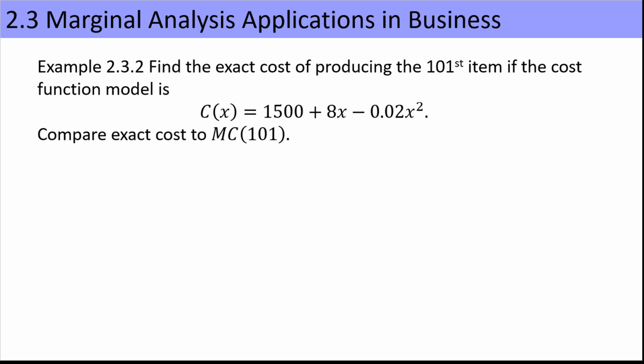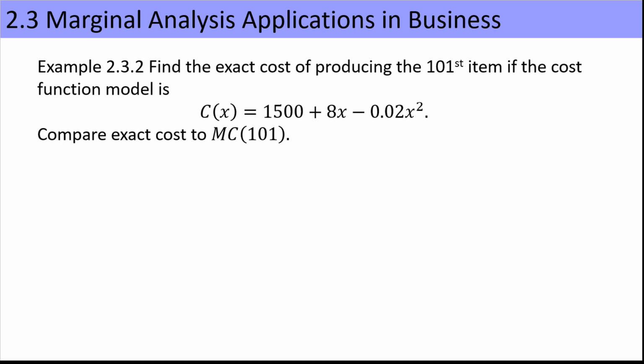Example 2.3.2. Find the exact cost of producing the 101st item if the cost function model is C of x equals 1,500 plus 8x minus 0.02x squared. Compare the exact cost to the marginal cost at 100.